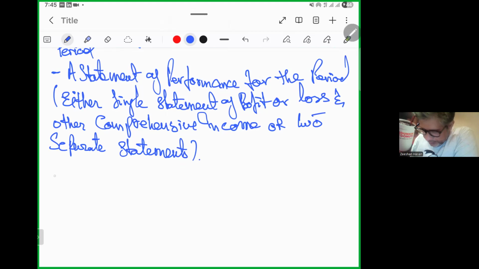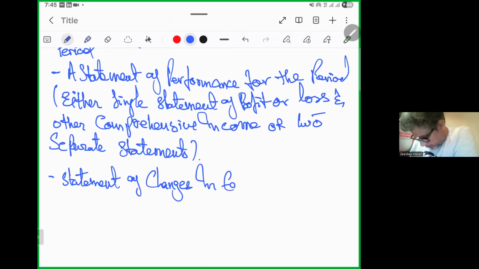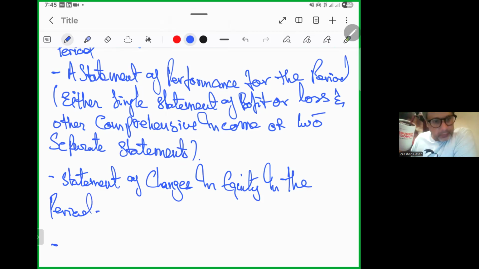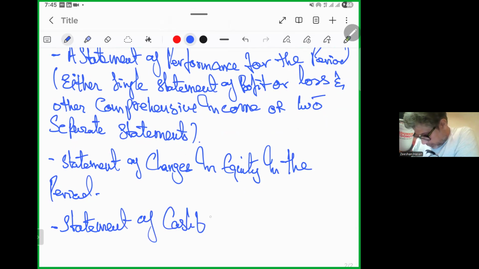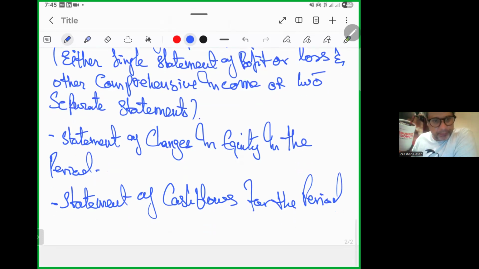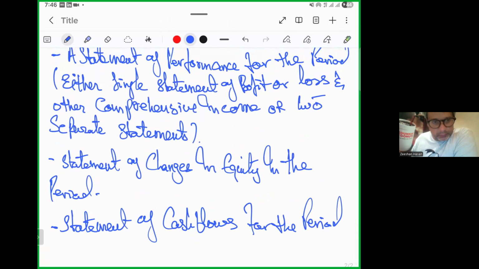A statement of changes in equity in the period, a statement of cash flows for the period, and comparative information relating to the preceding period.